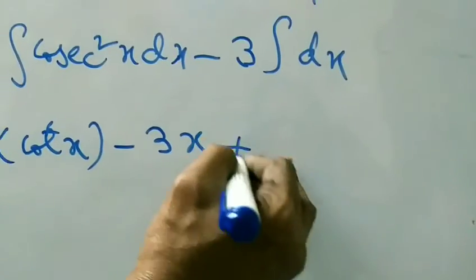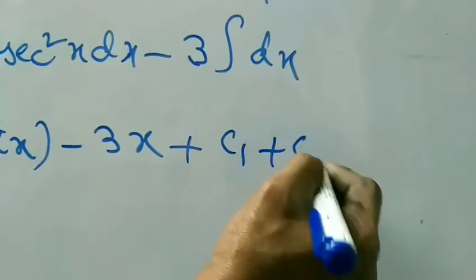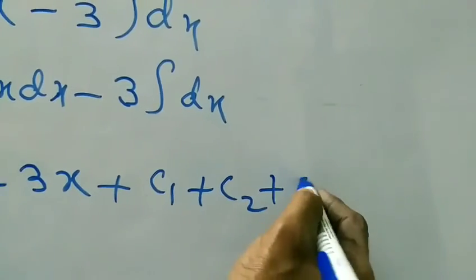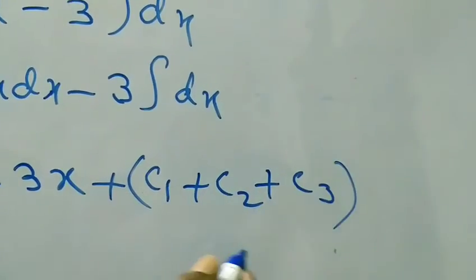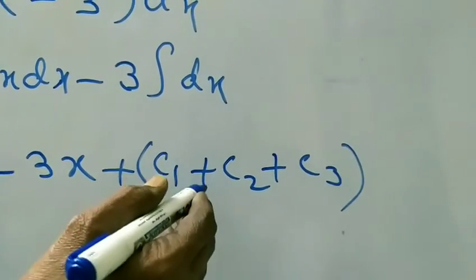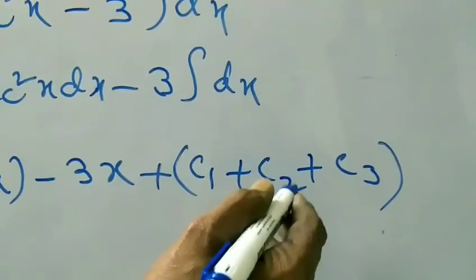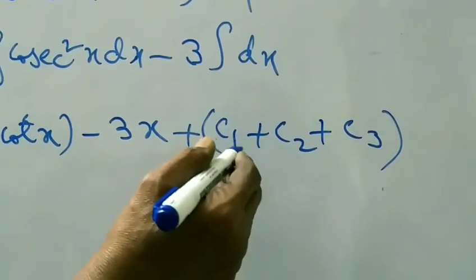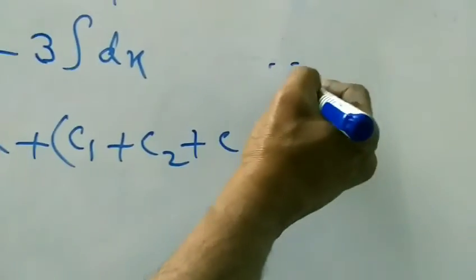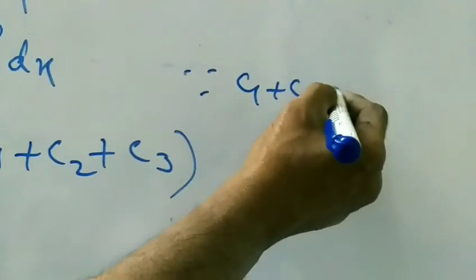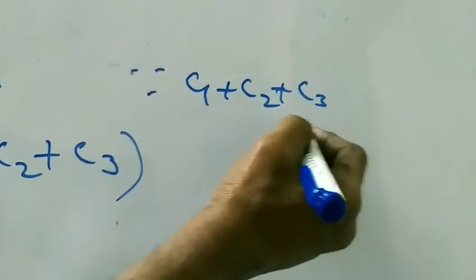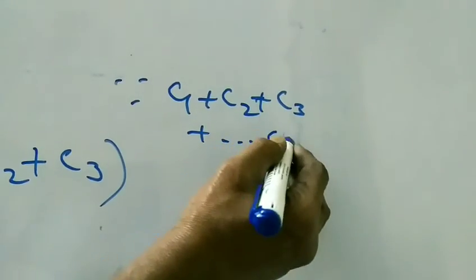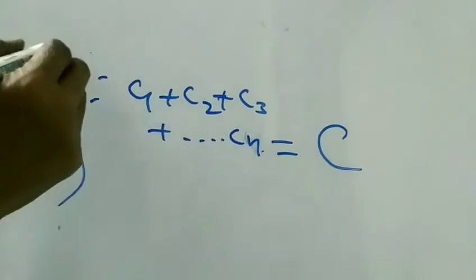So, plus c1 plus c2 plus c3. These are the constants. Here c1 plus c2 plus c3 becomes an arbitrary constant. As already known by us, c1 plus c2 plus c3 and so on up to cn is equal to the capital C constant.